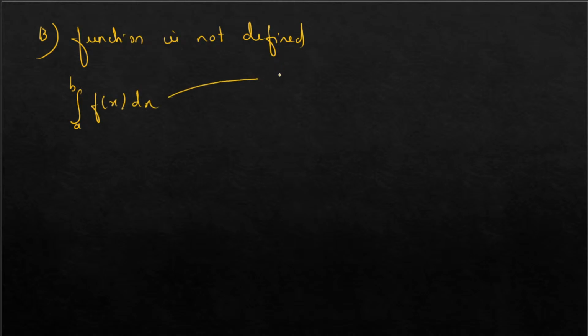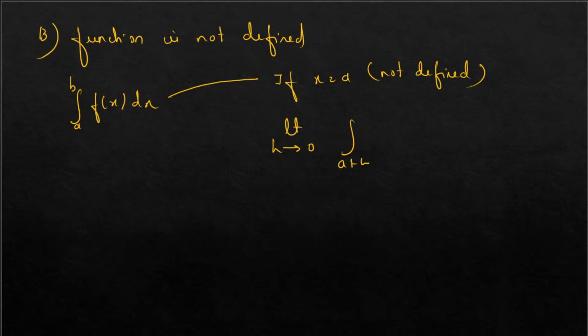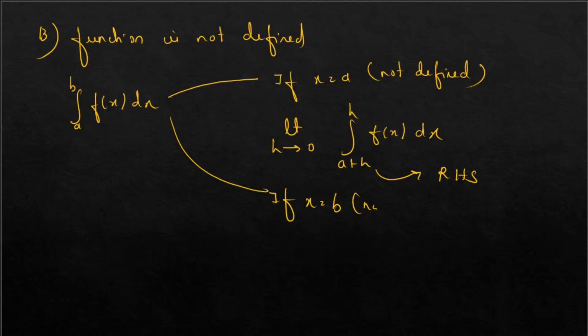So b is function is not defined. If x equals a is not defined, then limit h tends to 0 of a to b minus h of f of x dx, this is RHS, if not defined.